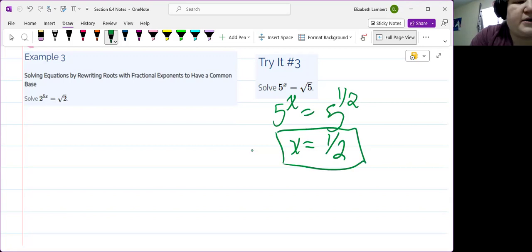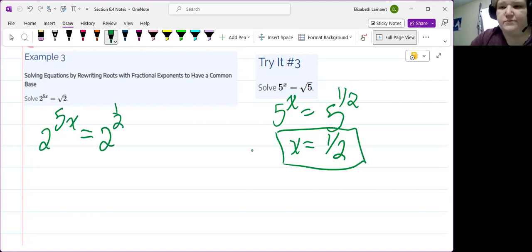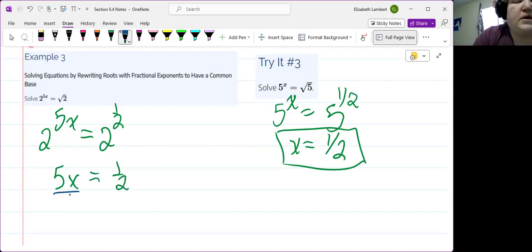So over here, 2 to the 5x equals, this will be 2 to the 1/2. We log, get rid of the 2's as bases. So we will have 5x equals 1/2. And then I'm going to divide by 5, which is the same as multiplying by 1/5.